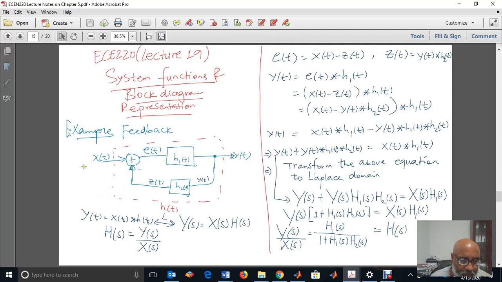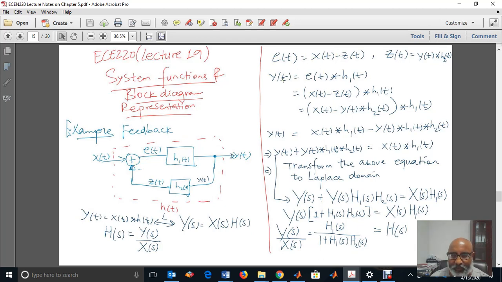When we change to Laplace, Y of s is equal to X of s times H of s, so H of s is Y of s over X of s. And what is the error? The error, e of t, is x of t minus z of t, from this block.